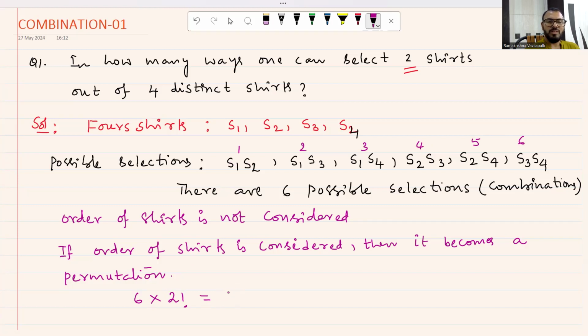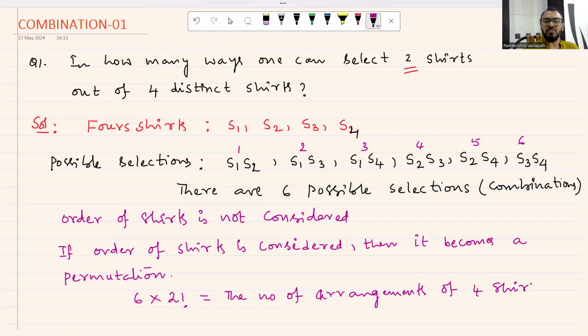This is equal to the number of arrangements of 4 shirts taken 2 at a time.